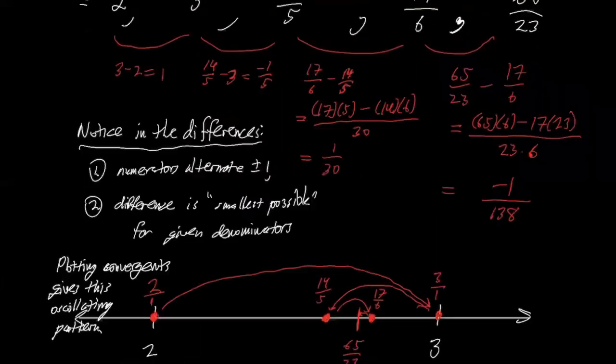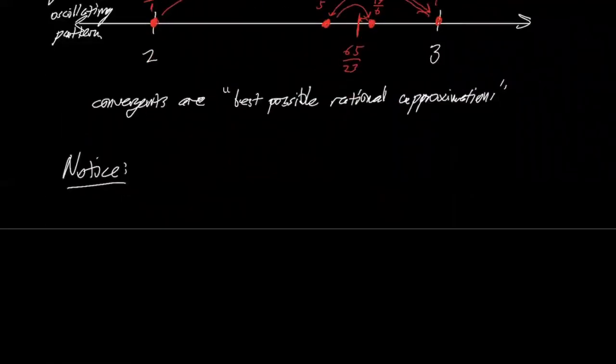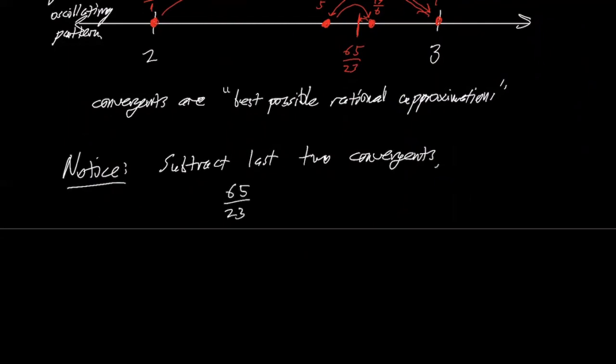when we did 65/23, so when we subtracted the last two convergents, meaning the next to last convergent and then the number itself, so we had 65/23 minus 17/6.